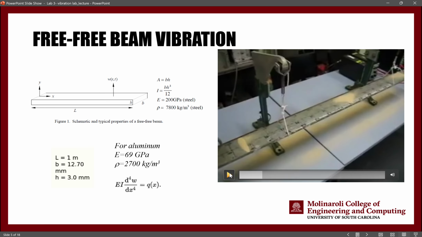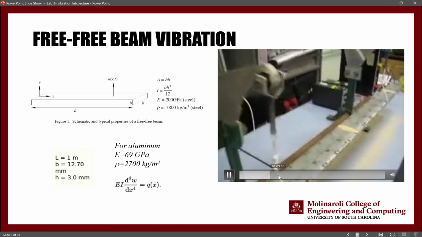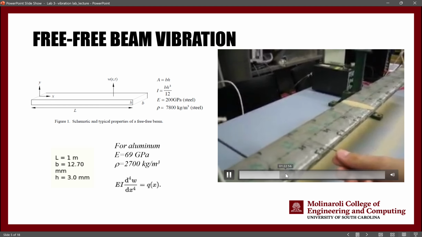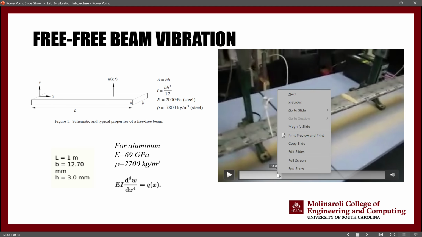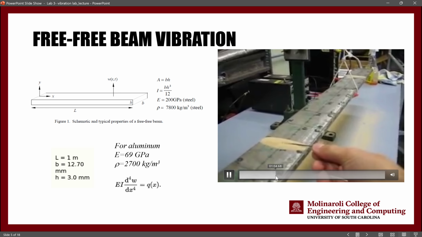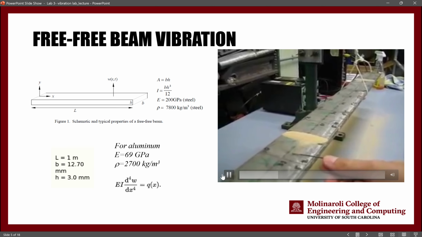You see, sand is going to gather at 3 different locations. See, 3 nodes. The beam is going to act like this. At locations where vibration is 0, it is going to vibrate. Really simple.